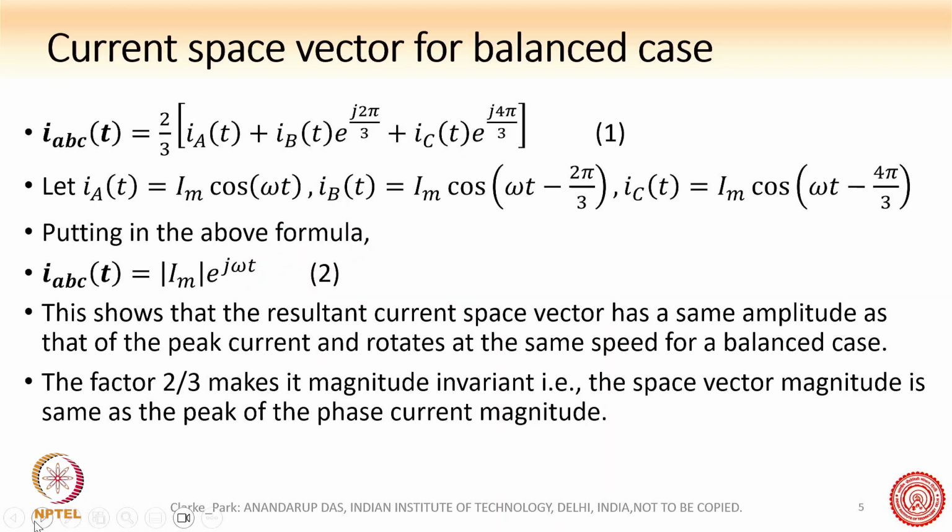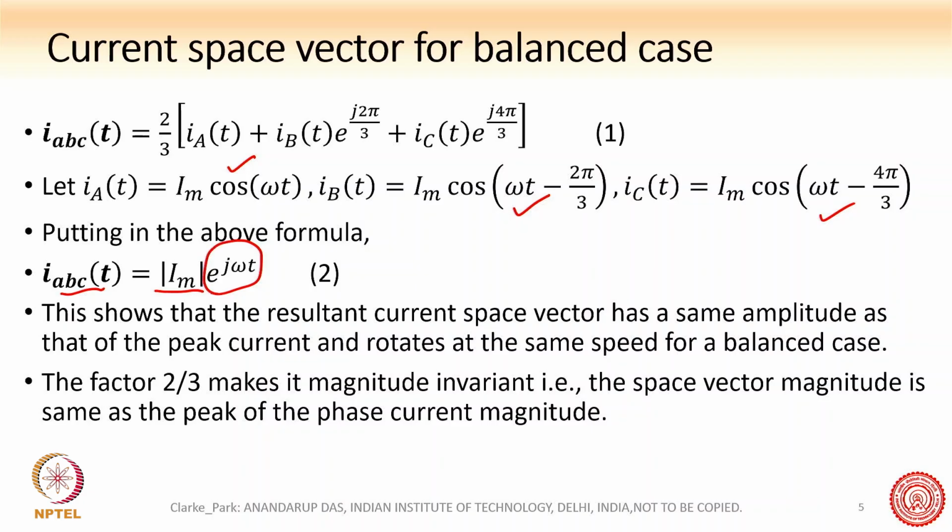For example, if you see a balanced condition with currents in the three phases, time varying currents, Im cos omega t, cos(omega t minus 2π/3) and cos(omega t plus 2π/3), and you put it into the formula, we get that the space vector I_ABC has an amplitude equal to the peak value of the current, and then it has e to the power j omega t.